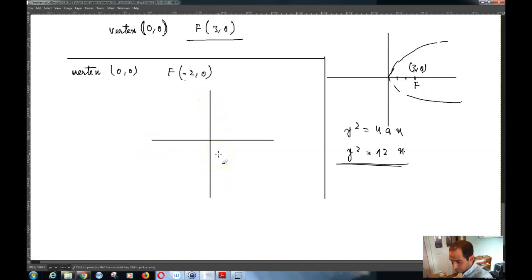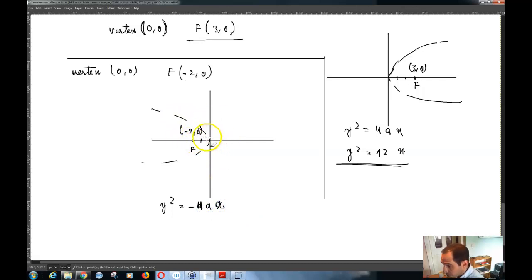So then let me check my focus. Okay, so my focus is at negative 2, 0. So 1, 2 over here is my focus, negative 2, 0. And so I know that my parabola opens this way. So then I have not x but y squared is equal to negative 4ax.